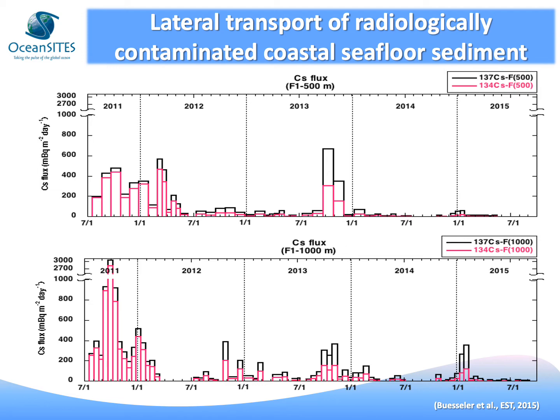The major component of marine snow collected at station F1 was lithogenic material. Based on these observations, it was suspected that radiologically contaminated coastal seafloor sediment was resuspended, especially when sea condition was rough, and transported laterally to station F1.